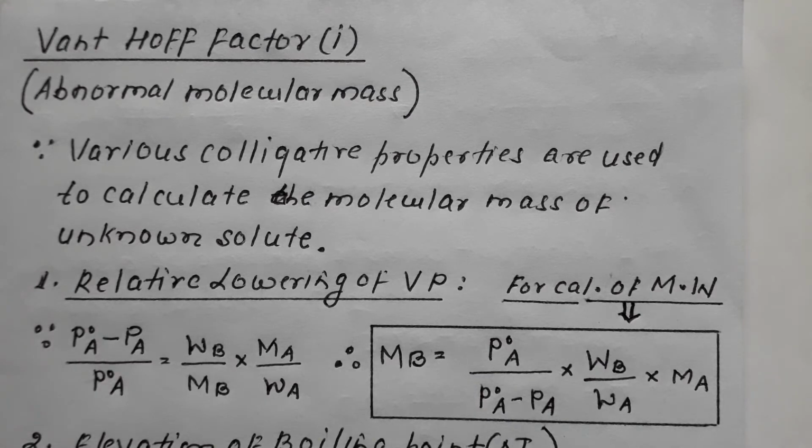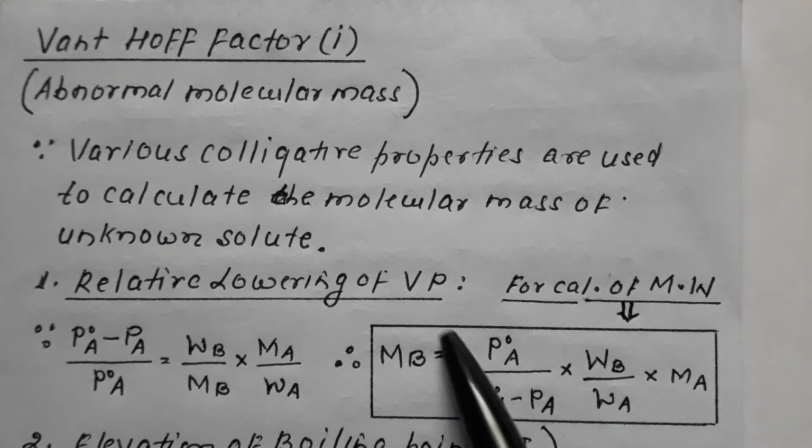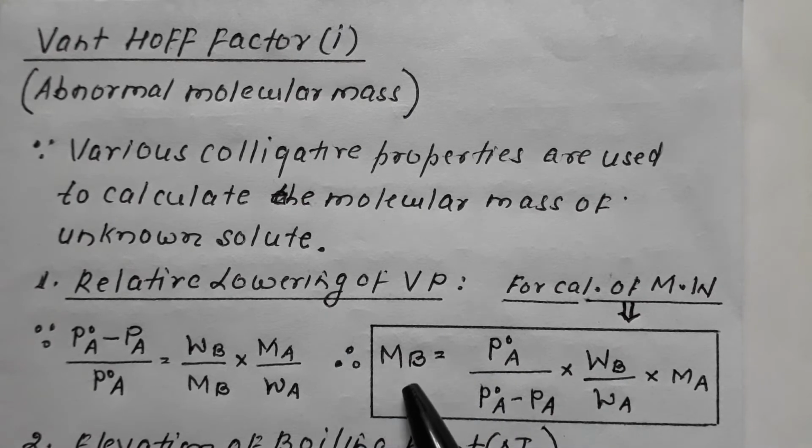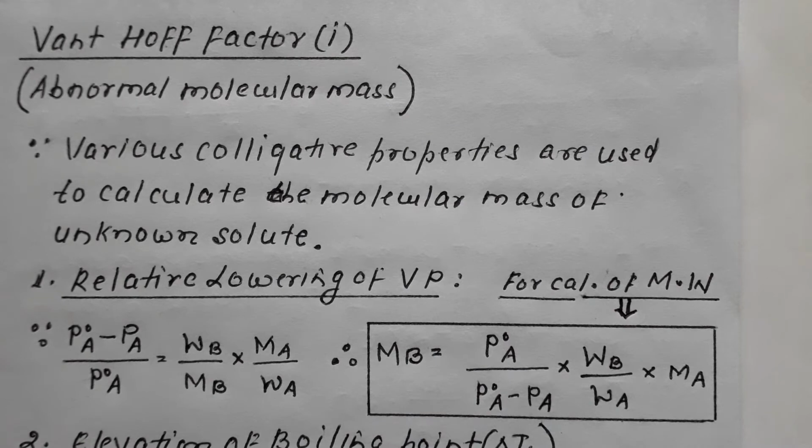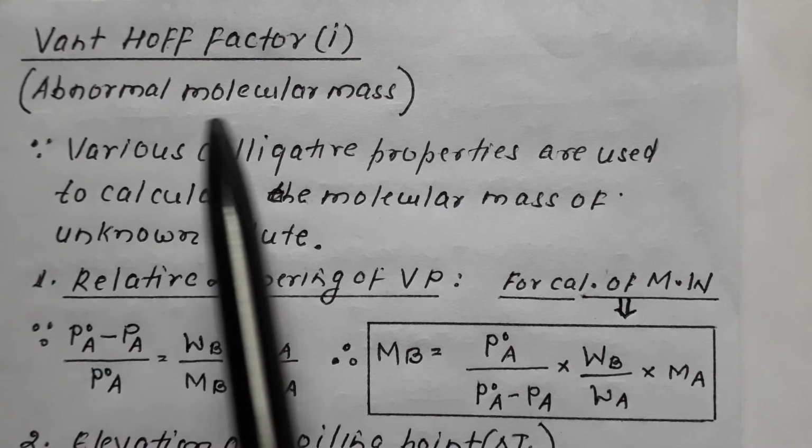But the question arises that if the substance which is used as solute undergoes association or dissociation, then the number of particles in the system is going to change. Therefore, the colligative property is going to change. Hence, the molecular mass that would be calculated using the colligative property will come to be different from its normal value. That is, it comes to be abnormal.